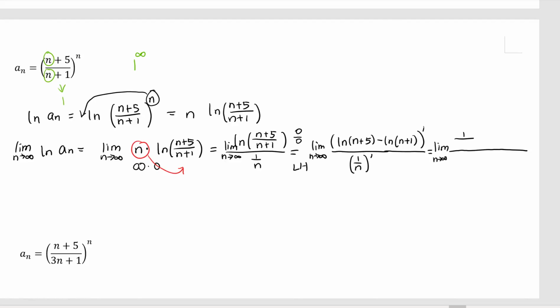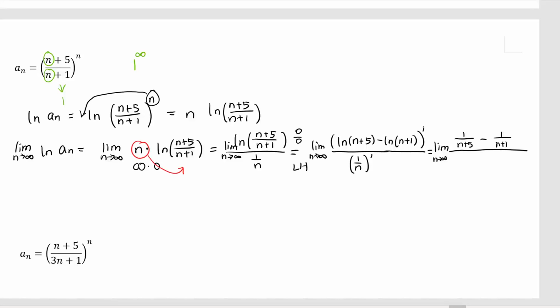Well, that's chain rule, where the u is n plus 5. So the derivative of ln of u is 1 over u times u prime, but u prime is 1. Minus, we have another chain rule where the u is n plus 1. So the derivative of ln of u is 1 over u times u prime, but u prime is 1.